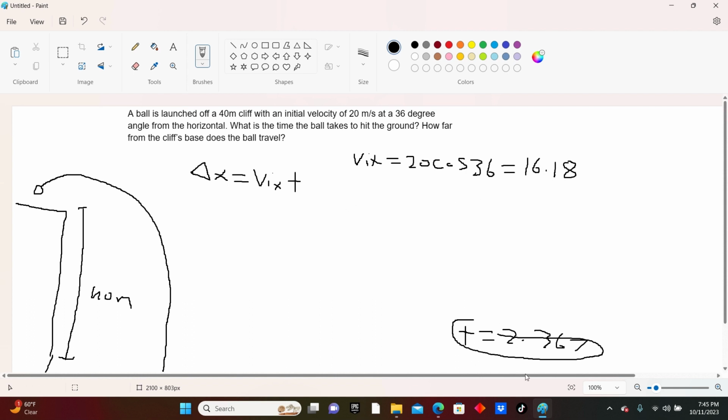And our time we solved for is 2.367, the time it takes to hit the ground. So delta x equals 16.18 times 2.367, and just plug this into a calculator.